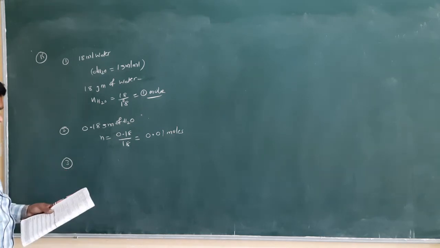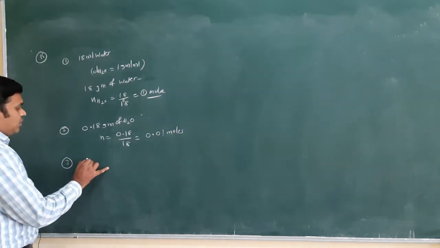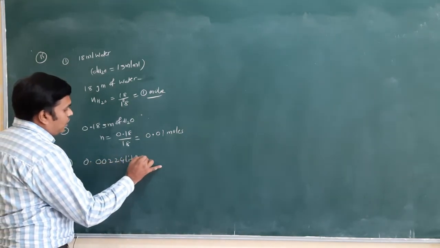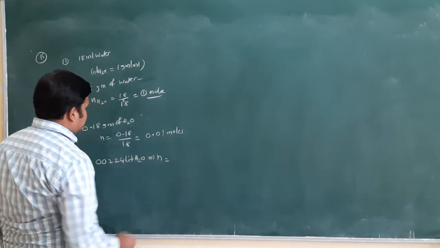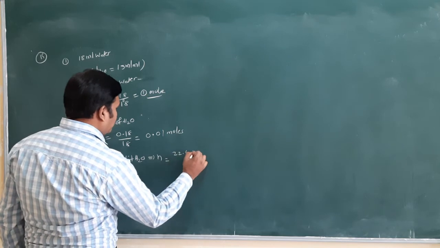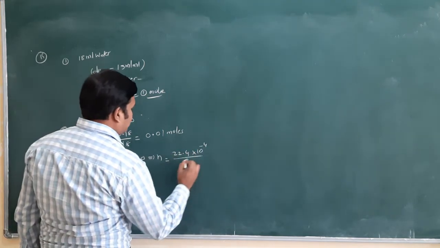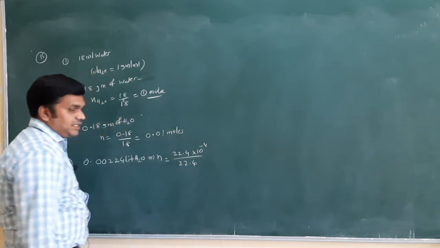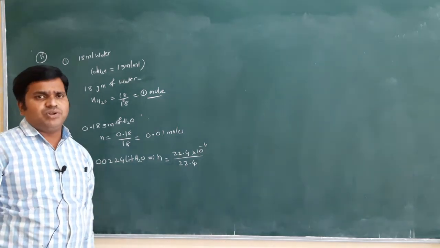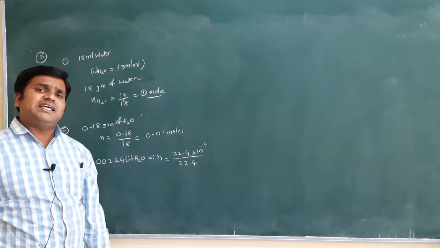See the third option we have, 0.224 liters of water, that is 0.00224 liter of water. If you write the number of moles, n is equal to 22.4 into 10 power minus 4 by 22.4. We can say that at STP 1 mole of any gas occupies 22.4 liters, by the volume of the gas at STP.